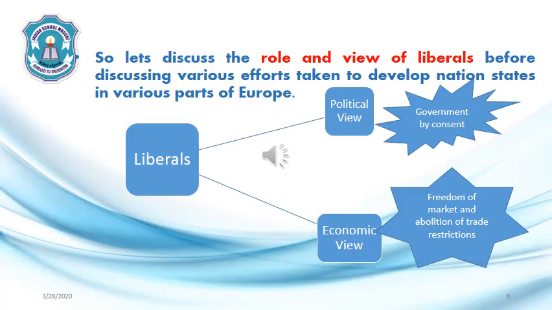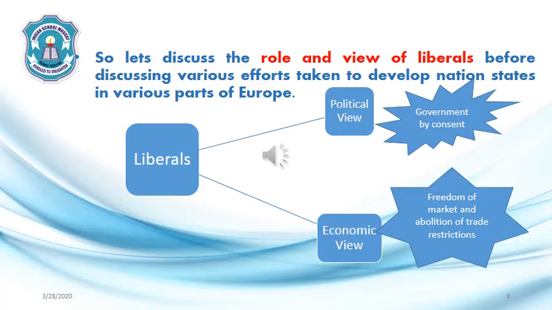They organized protests for the right to equality, or especially for political rights, but that was not given to them. However, initially, please remember, when I say the liberals' political view, government by consent, it was a government that should be ruled as per the constitution. It doesn't mean everybody had the right to vote. Please remember that.